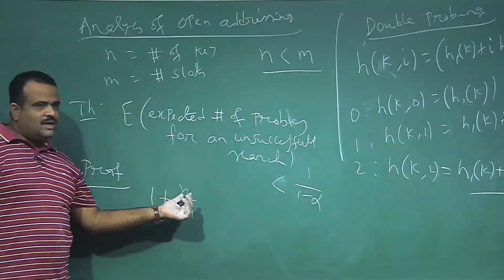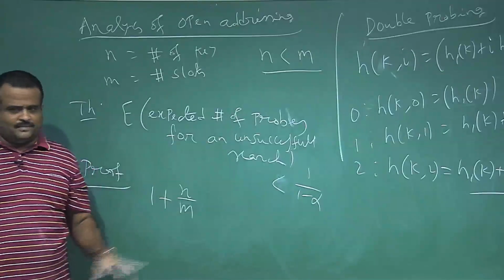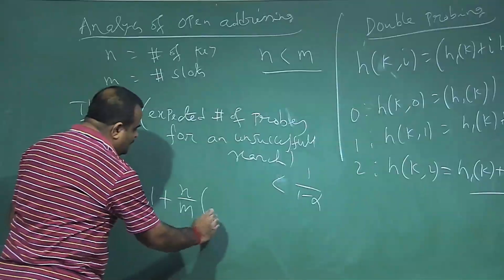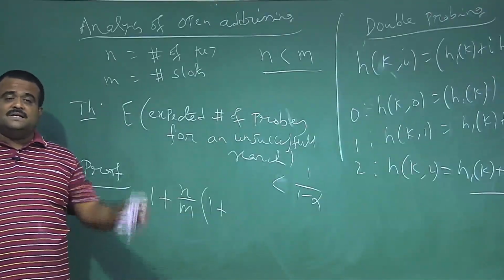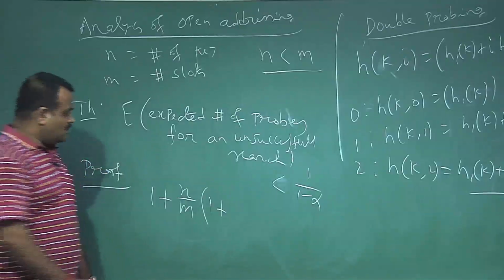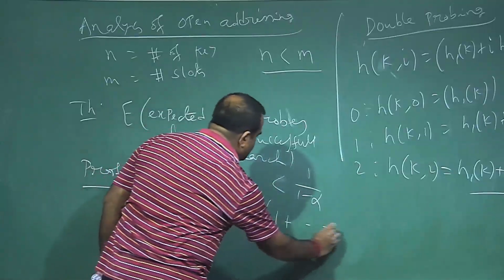So it hits a slot which is not empty, just the classical definition, and then again we go for the next probe. If it hits an occupied slot again, the probability is this. This way we continue.